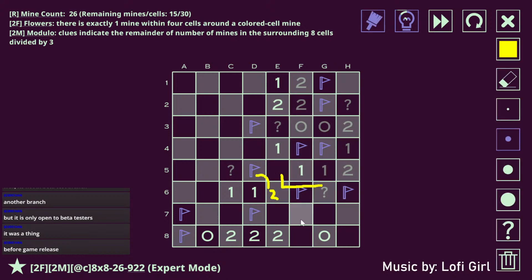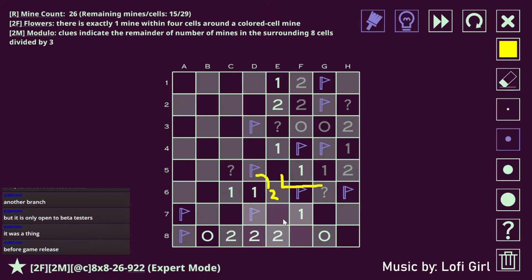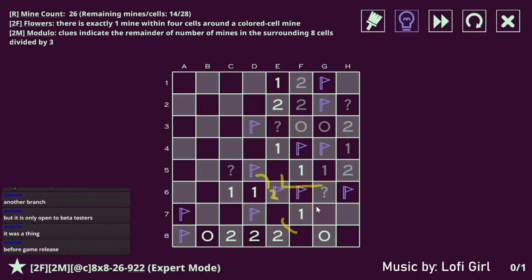This can't be a mine. If this was a mine, these will both be empty. The 0 requires these 2 to be mines, and this one is broken. So this can't be a mine. 1. We know there's 1 mine here, so this is immediately a 4. These are both mines as a result, which gives us that.